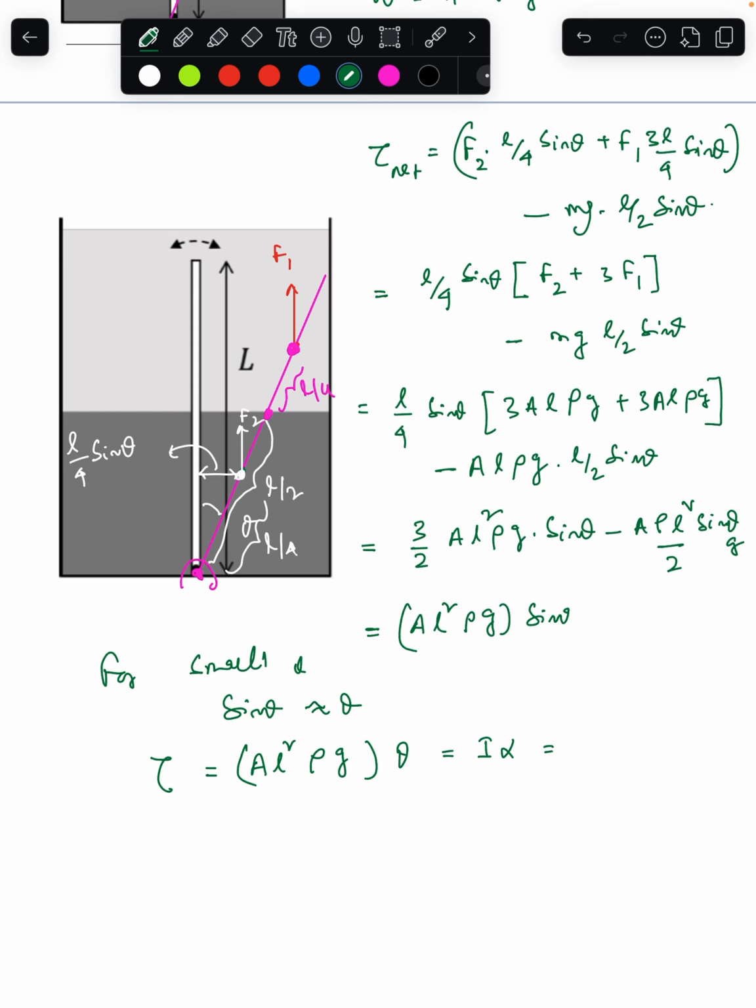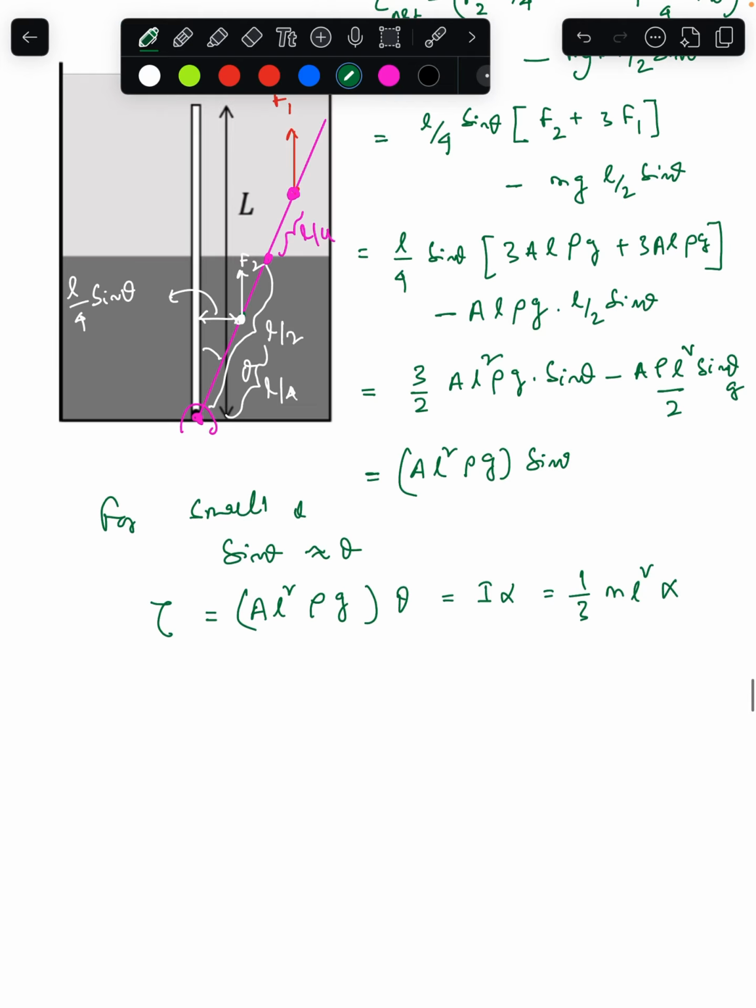Since the rod is oscillating about the end point, we can write I as 1 by 3 m L square into alpha. So putting the values once again, A L square rho g into theta is equal to 1 by 3 A L rho into L square into alpha. A gets cancelled, rho gets cancelled, and L square gets cancelled.